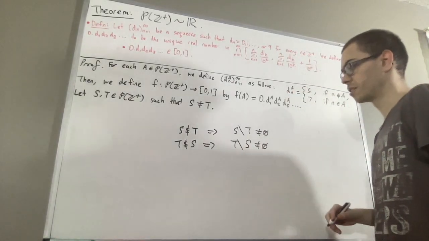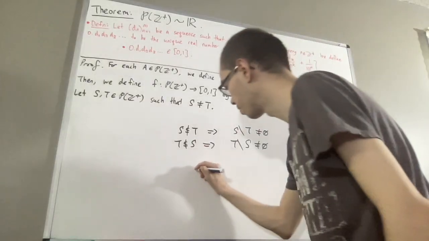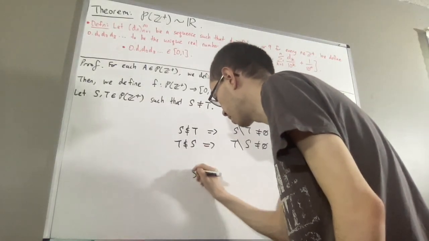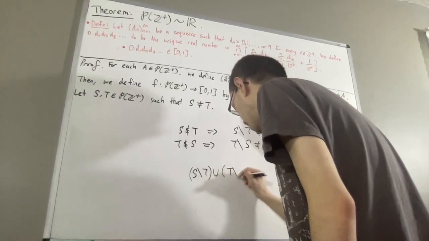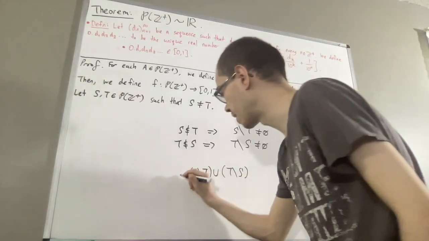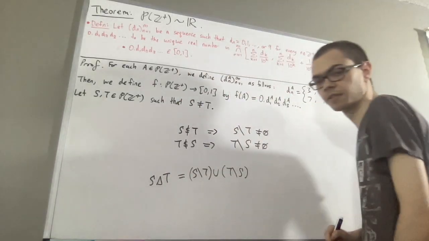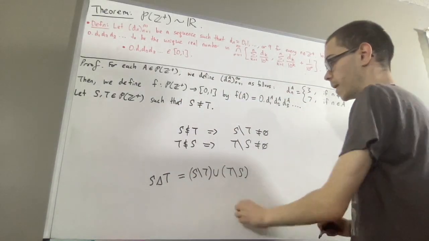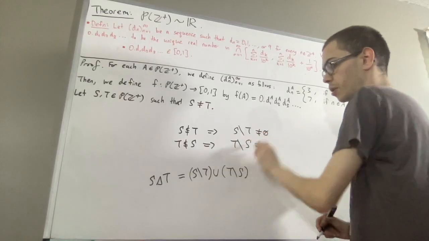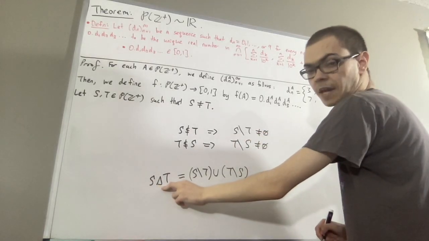The idea is, if we consider the union of S set minus T and T set minus S, this is actually called the symmetric difference of S and T. If S set minus T is non-empty, then clearly the symmetric difference of S and T is non-empty.